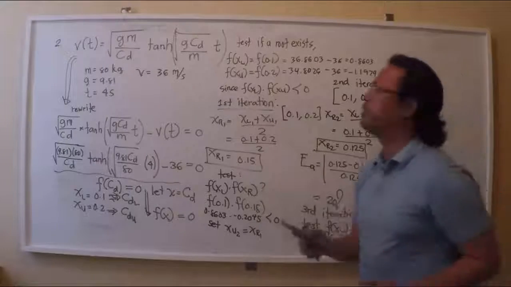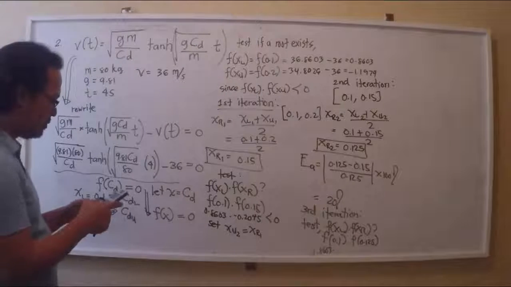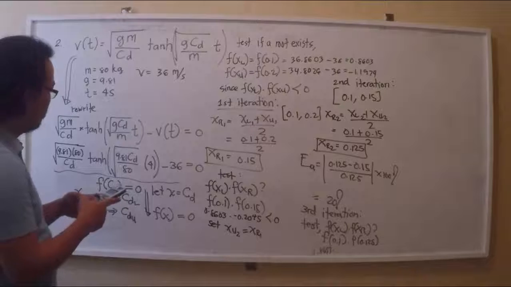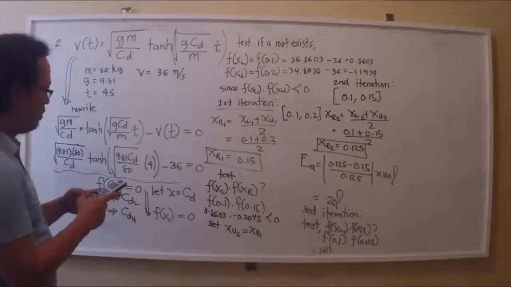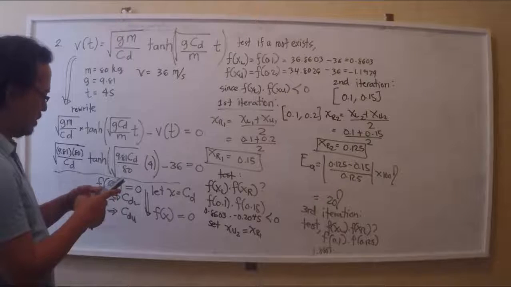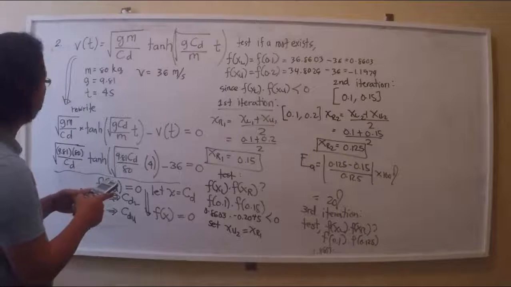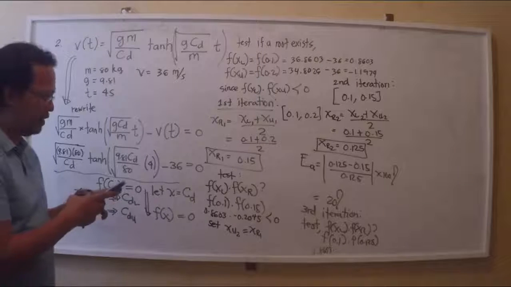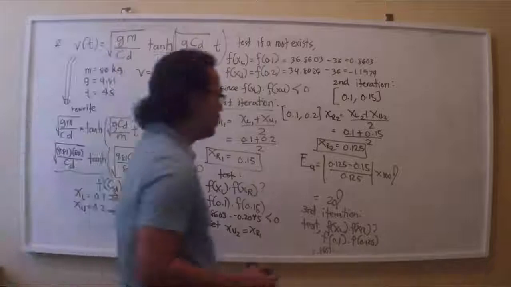So let's try to compute this one again. 0.125. 9.81 times 0.125 divided by 80, square root, times 4, then hyperbolic tangent, and times square root of 9.81 times 80 divided by 0.125, minus 36. The answer here is 0.3184.